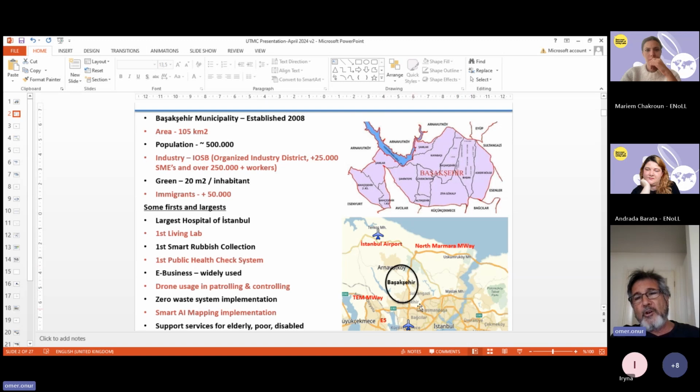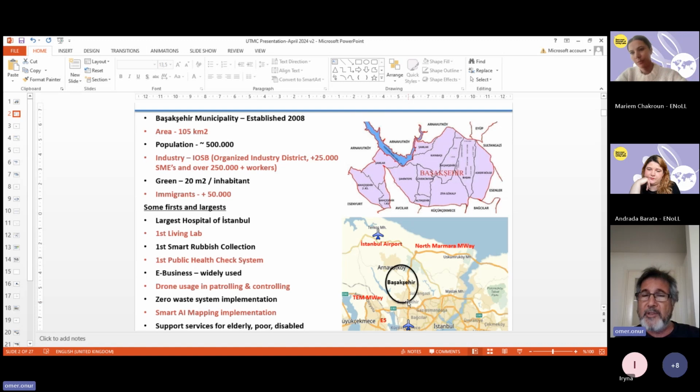The black circle in the middle represents our city, Başakşehir. It's on the European side of Istanbul. It's quite a big city, with a population of over 500,000 people and an area of 105 square kilometers.